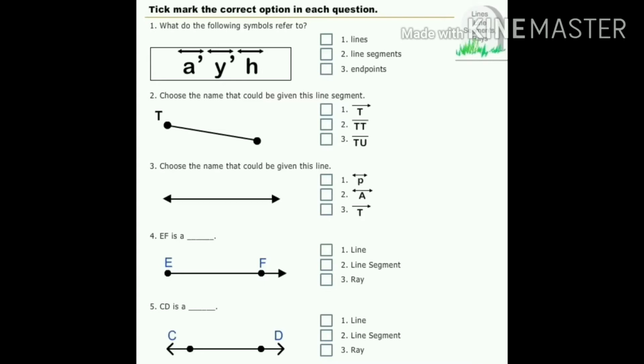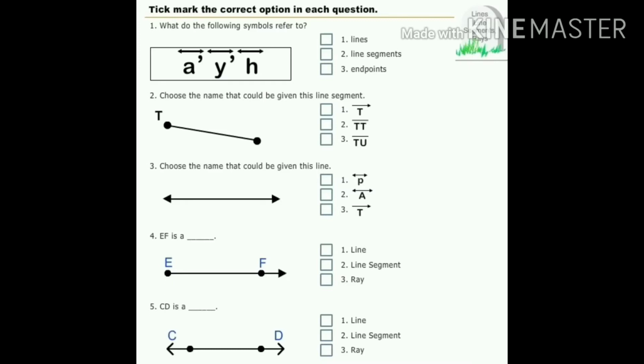It is the symbol of a ray. So EF is a ray. Option number 3 is correct here. In question number 5, a line CD is there with arrows on both sides. It is the symbol of a line. So option 1 is correct here. CD is a line.